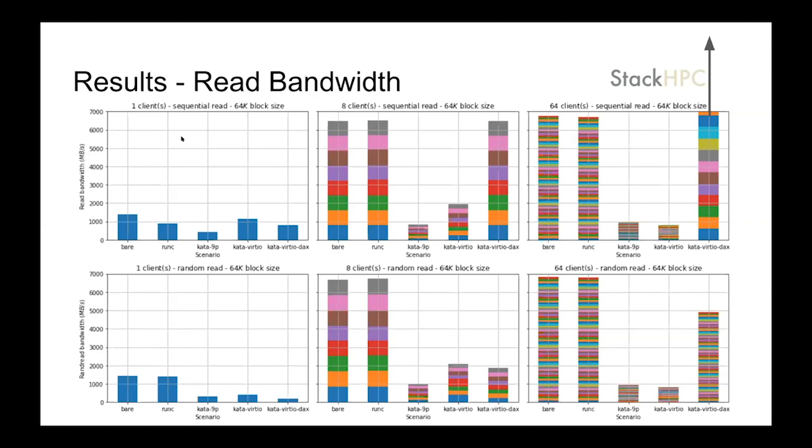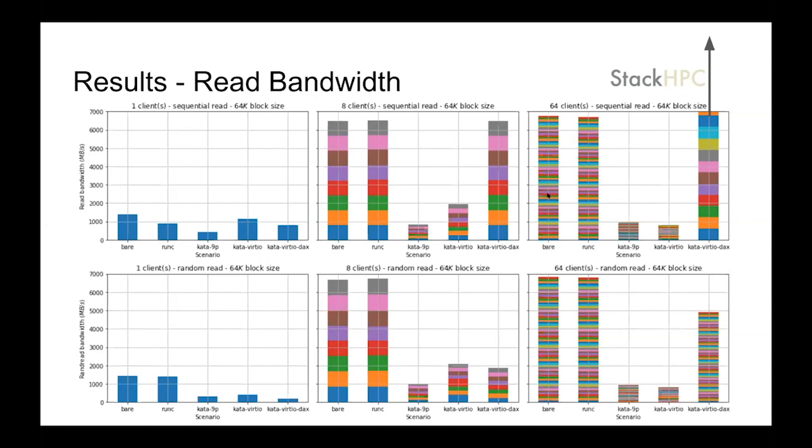On the left-hand side, we can see a case with a single client. In the middle, it's a case with 8 clients. In the right-hand side, it's a case with 64 clients. And runC sort of closely follows the performance of bare metal, which is kind of the reason why the traditional runC containers are so popular, I guess.